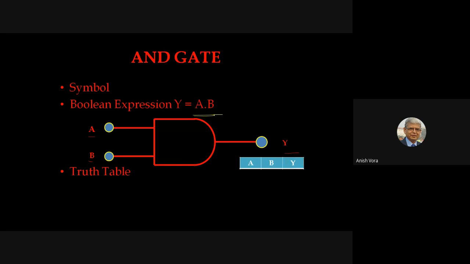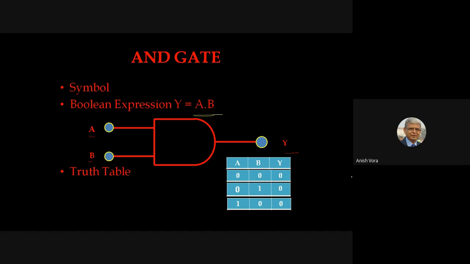So now let us check the truth table. We have A input, B input, and the output is Y. For 0 0, the output will be 0, right? A and B are our inputs and Y is our output. As I said, A and B means only when both inputs are high. So for the second condition, 0 1, the output is again 0.